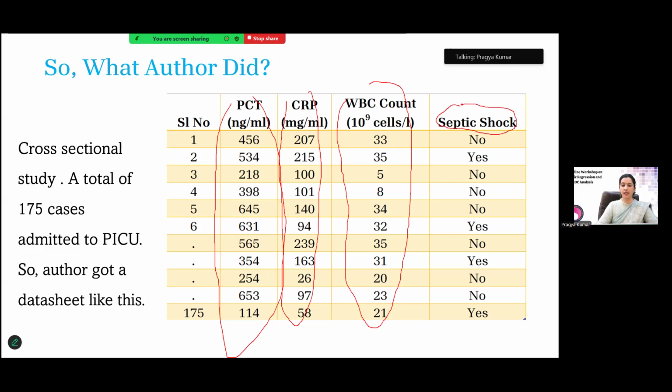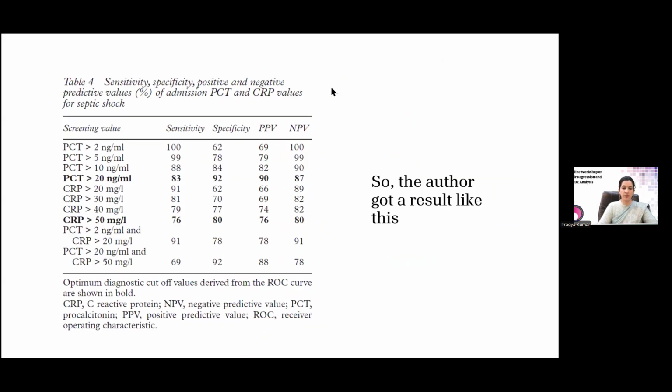This was the gold standard because it was clinically diagnosed, and on that basis each child was classified as yes, presence of septic shock, or no septic shock. Then he checked the diagnostic accuracy of all three, WBC count, CRP, and procalcitonin, against this gold standard. And he has drawn something like this.